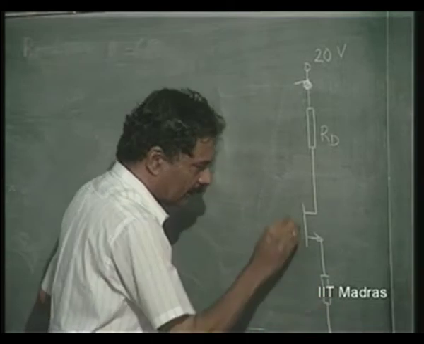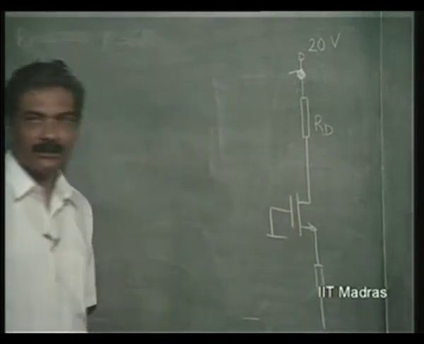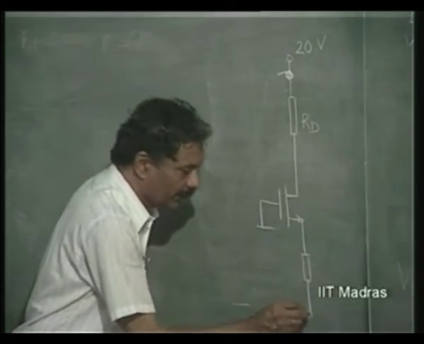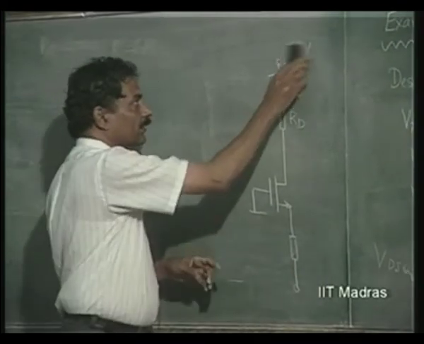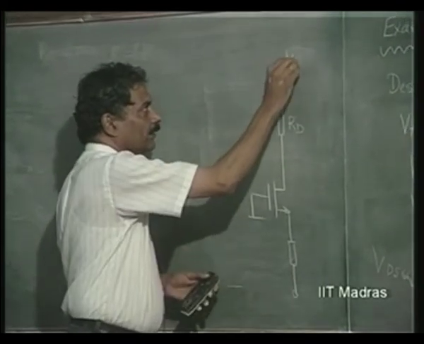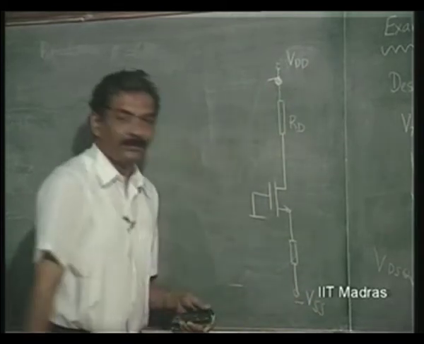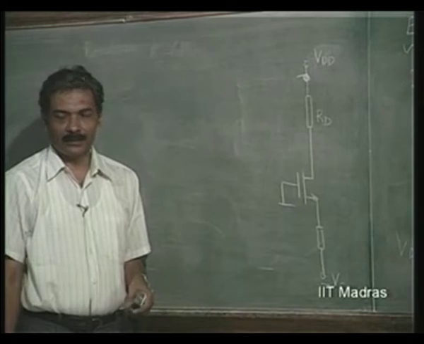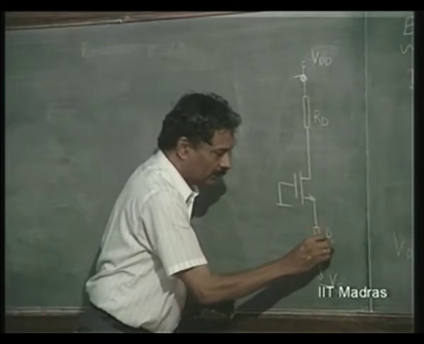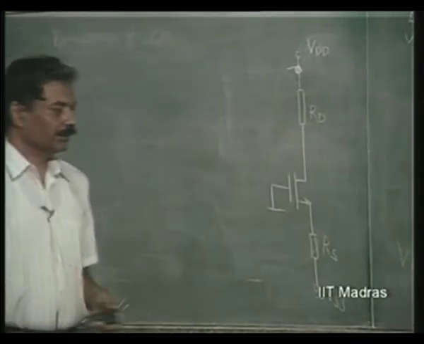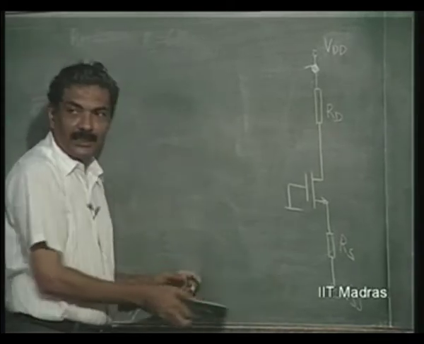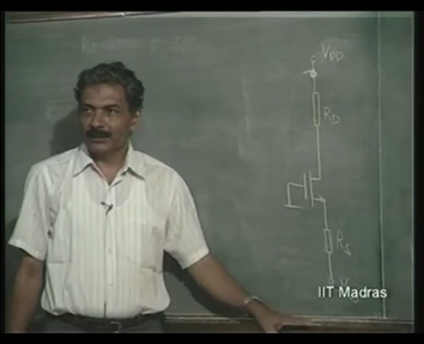Instead of using single supply, I will ground this and now use here, this is VDD. I will use VSS here and put an RS here. This is the alternate way of biasing.